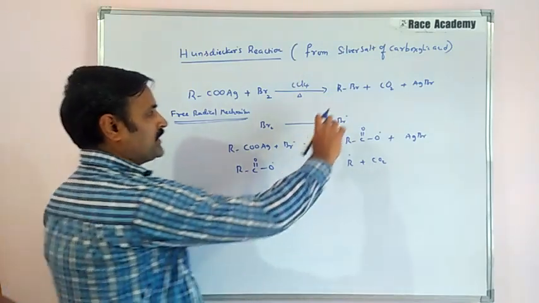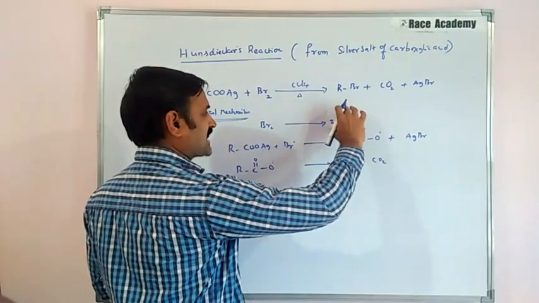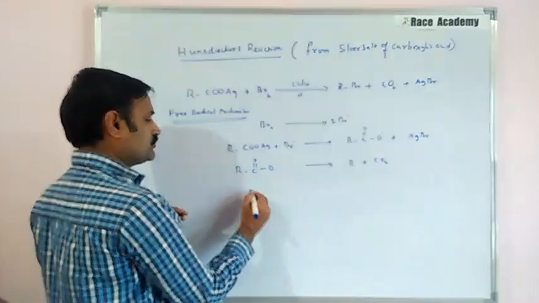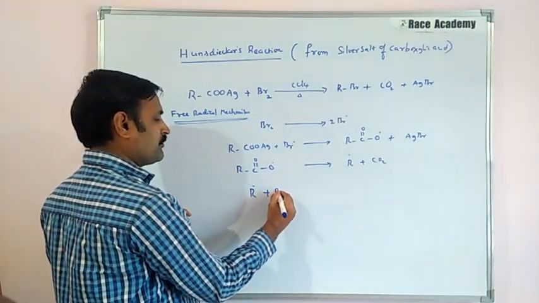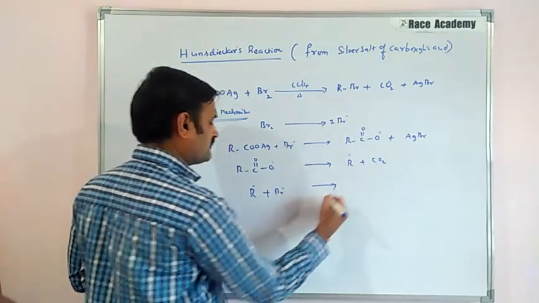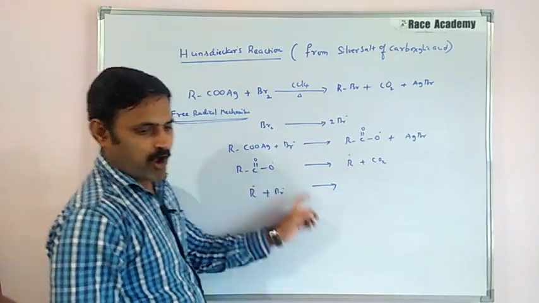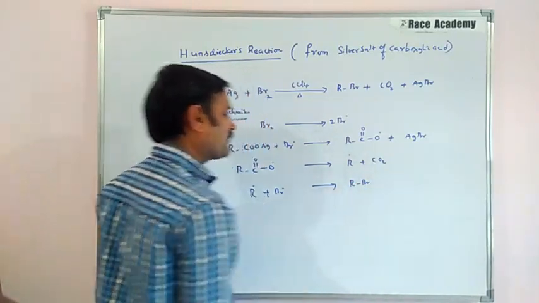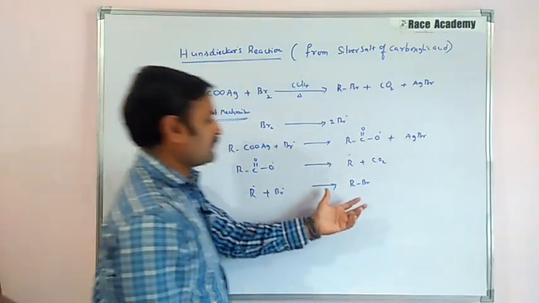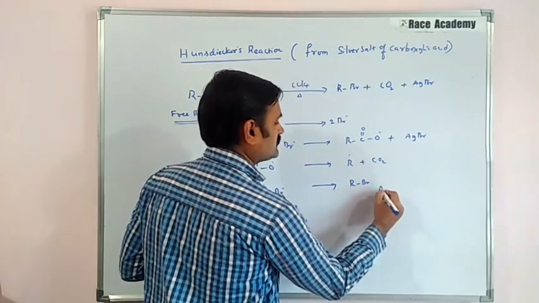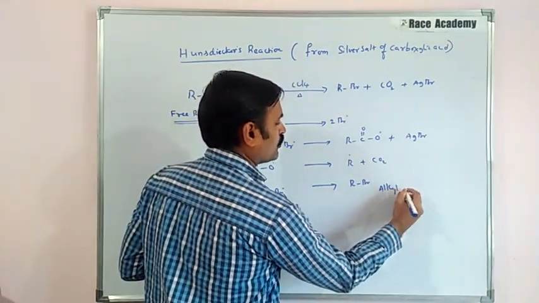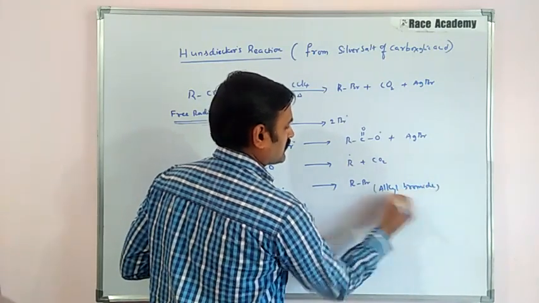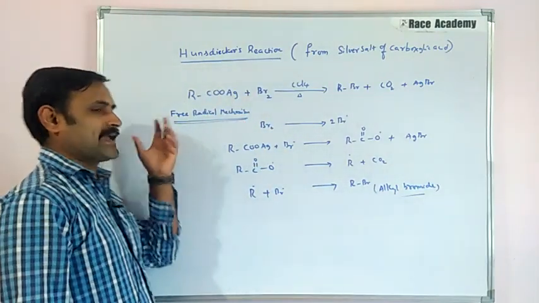Now the other bromine free radical, from the first step, joins with the alkyl free radical and forms alkyl bromide, RBr. So alkyl bromide, a haloalkane, is the major product in the reaction mechanism.